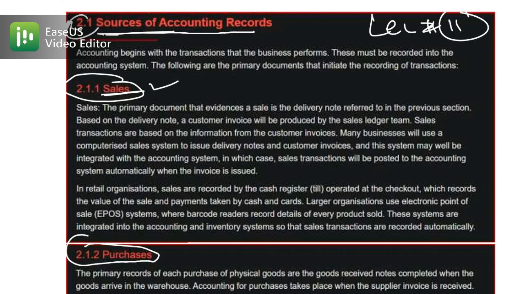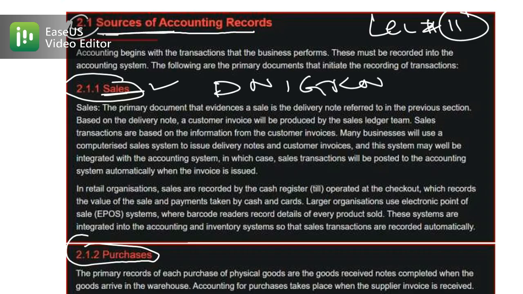And you know that accounting doesn't begin with a spreadsheet or report. It begins with a real world transaction. Someone buys something or a service is delivered, and boom, that is where the accounting kicks in. And so, what is the first document that proves a sale has happened? For that we have already discussed the different types of documents. If you remember, there was a DN, there was a GRN, and so on.